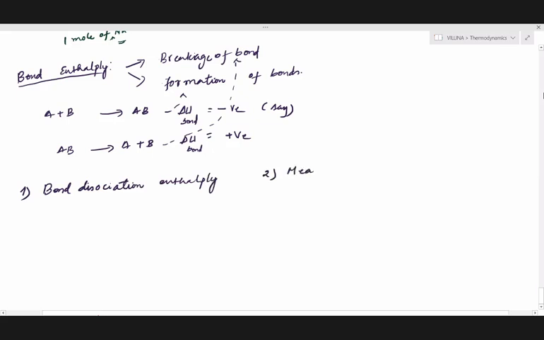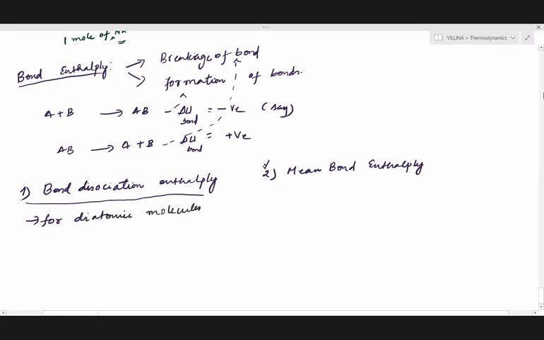When we are breaking more than one bond, mean bond enthalpy comes into the picture. For the methane example we took above, I will explain using mean bond enthalpy. But before that, let's see what bond dissociation enthalpy is. It is specifically for diatomic molecules.